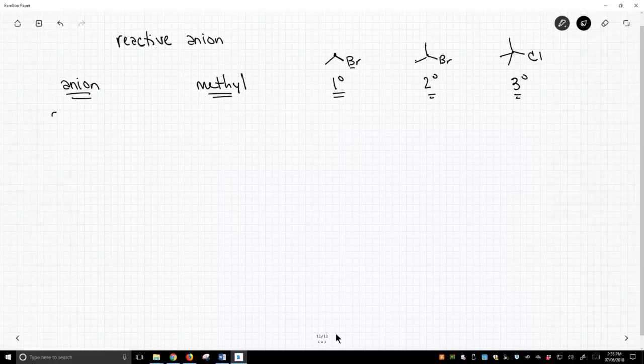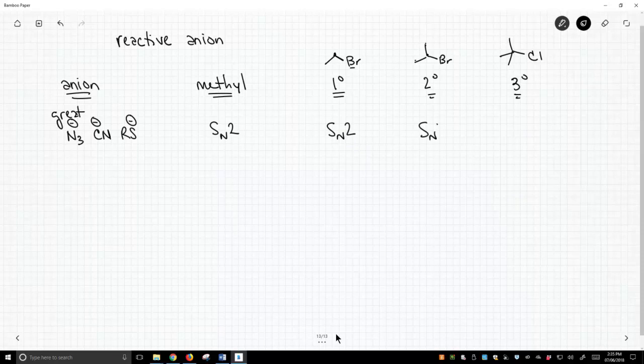So what if you have one of our great nucleophiles? That includes azide. I'm not going to draw the counter ions, but azide, cyanide, sulfide. These great anions, if you have a methyl halide, you always do an SN2. Primary halide, you're going to do an SN2.